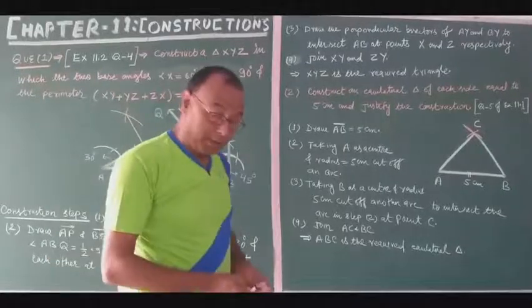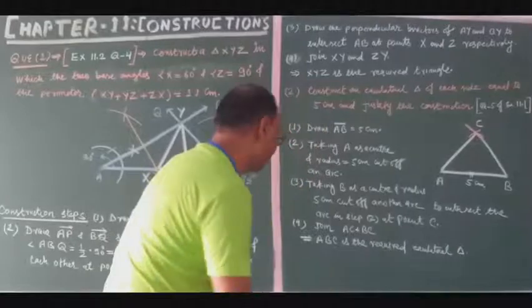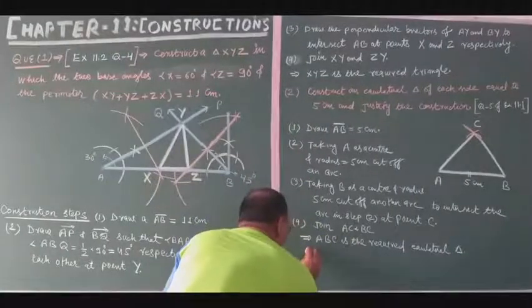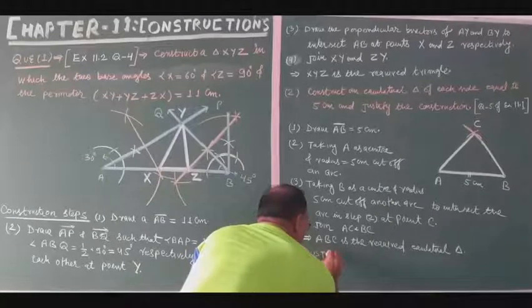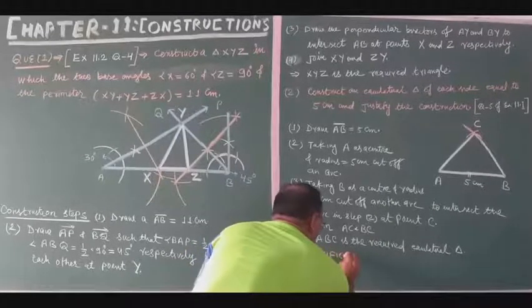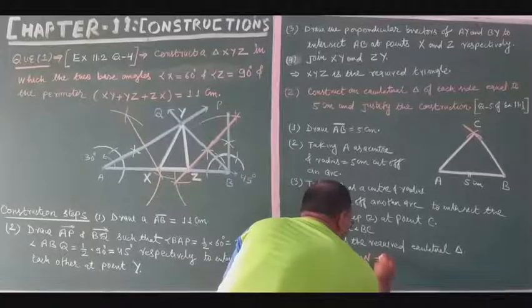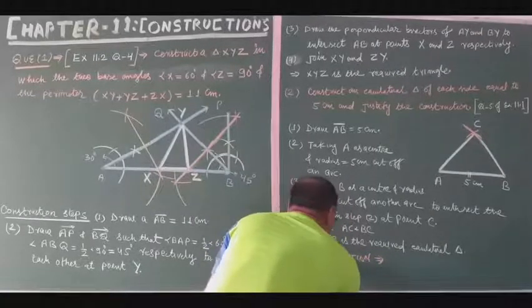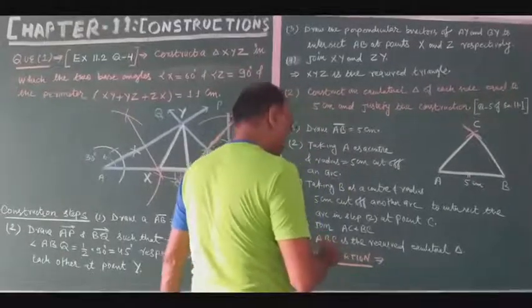Next thing is to justify the construction. So how will we justify this? Justification. Just look here. What will happen in justification? We will measure the sides AC and BC.